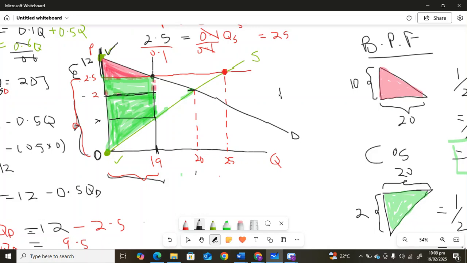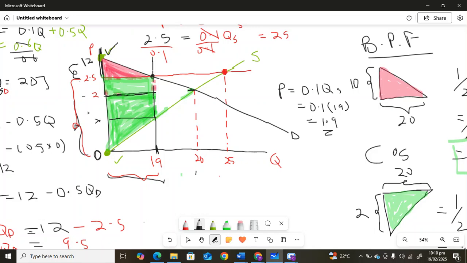Remember our supply function was P equals 0.1 QS. So if you substitute QS with 19, what do we get? 0.1 times 19. I think that's 1.9 if I'm not mistaken.